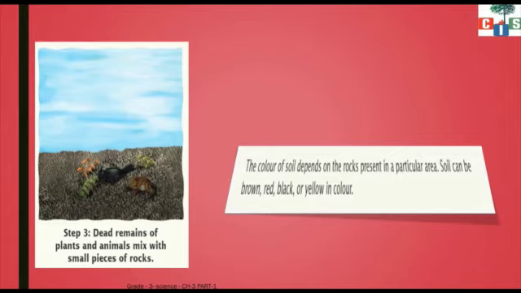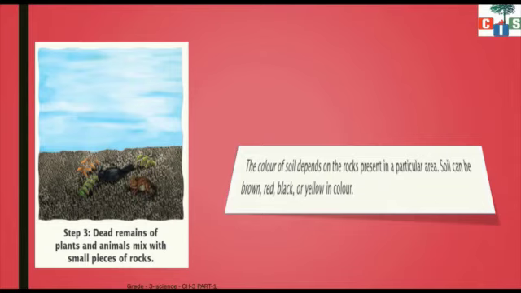What is the meaning of fertile? It means they will make the soil suitable for the plants to grow. This soil will provide the nutrients and minerals to the plant which we are going to grow on the soil. Now, the color of soil depends on the rocks present in a particular area.